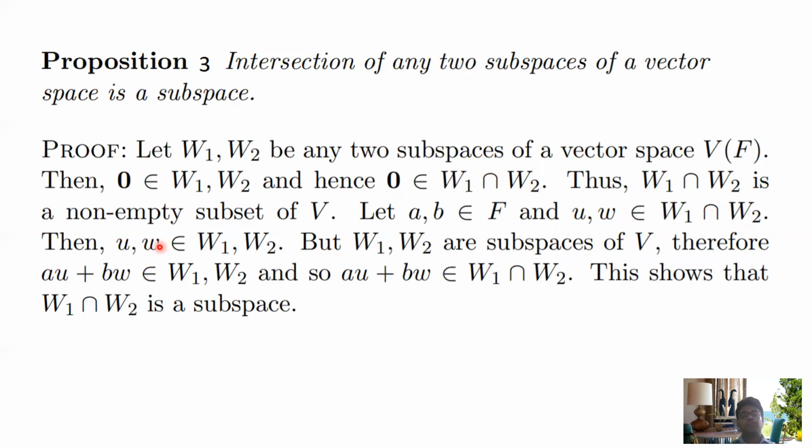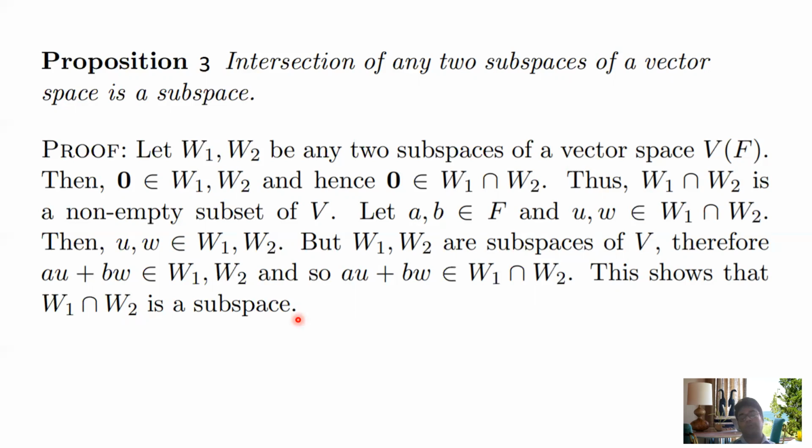Since W1 and W2 are individually two subspaces, it is clear that au plus bw belongs to W1 as well as au plus bw also belongs to W2. Okay. So therefore au plus bw also belongs to W1 intersection W2. This shows that W1 intersection W2 is a subspace.